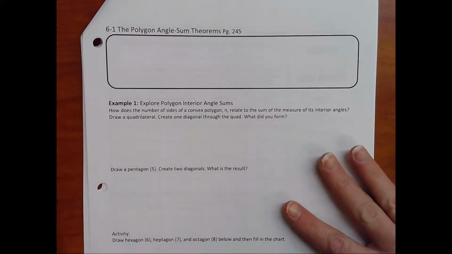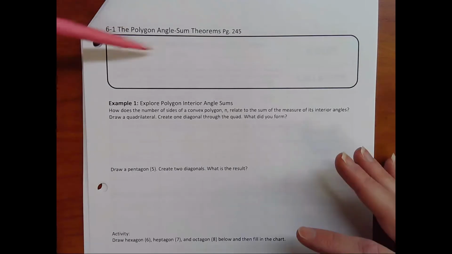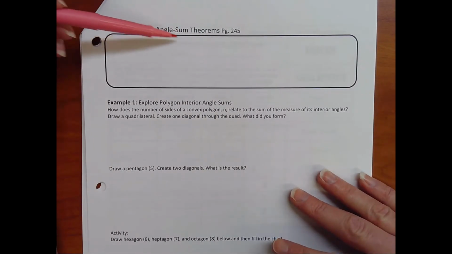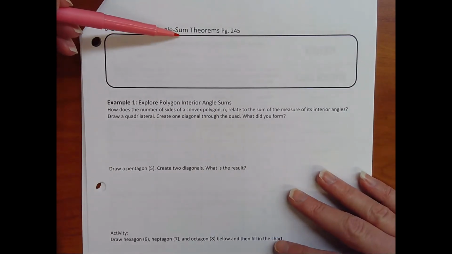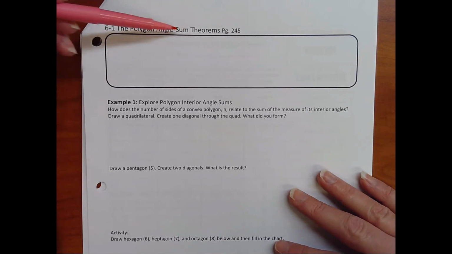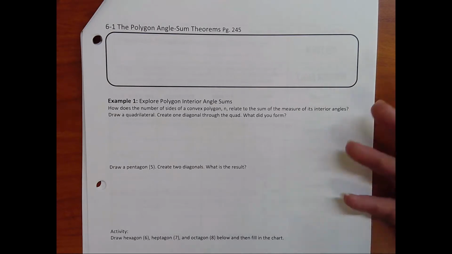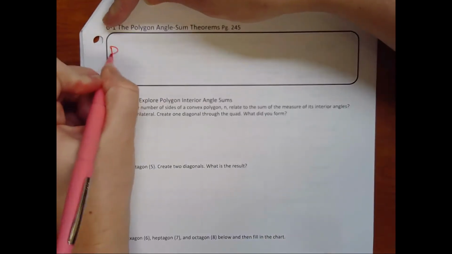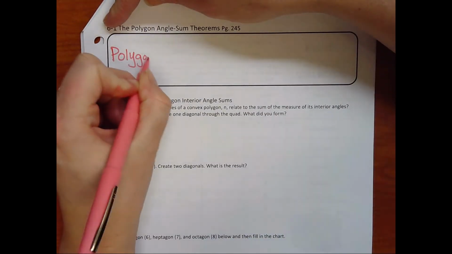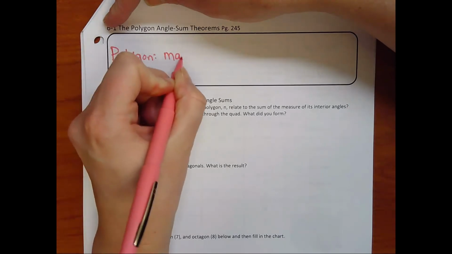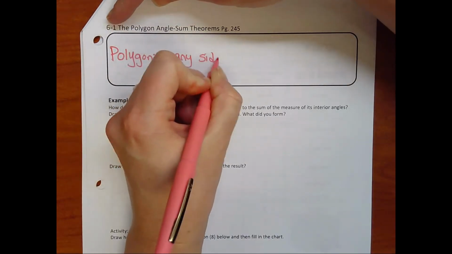So everything we're going to talk about today has to do with polygons and their angle sum. Sum means add all together. So we're going to talk about adding all together the angles of polygons. A polygon is a many-sided figure.